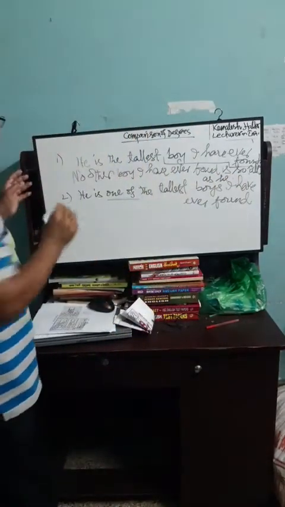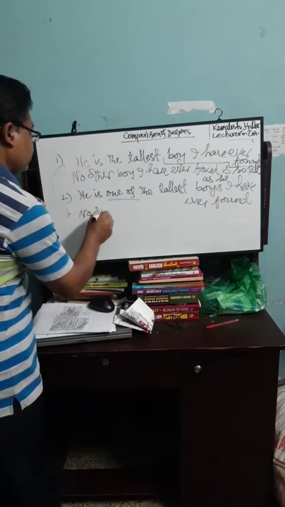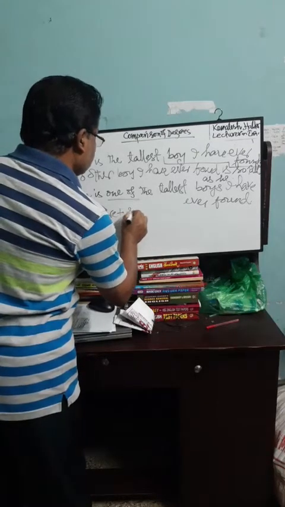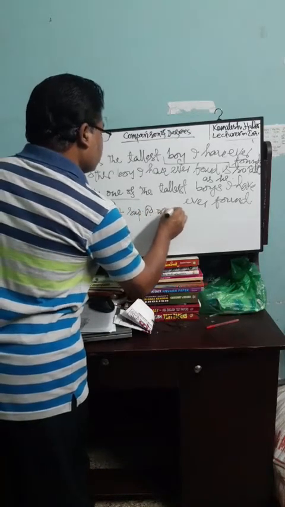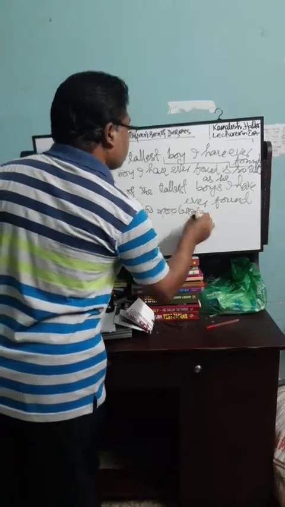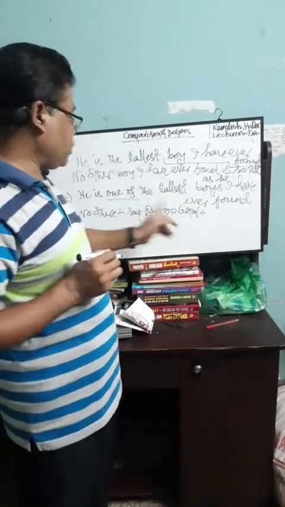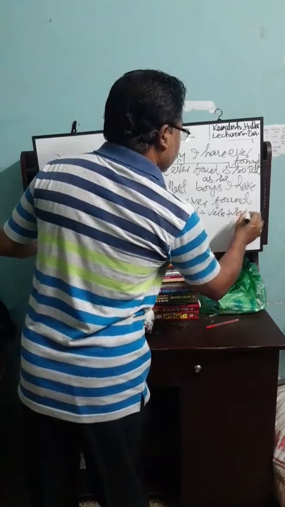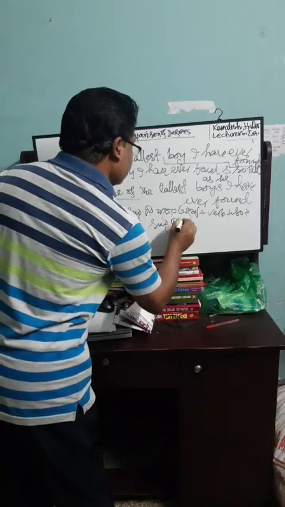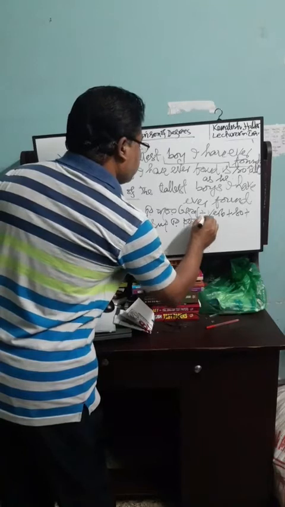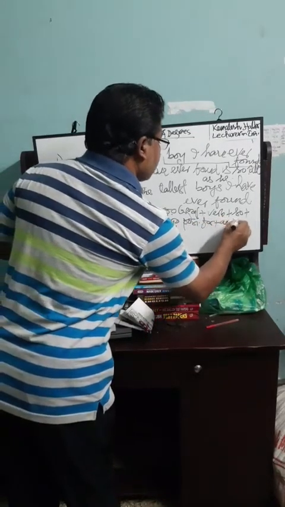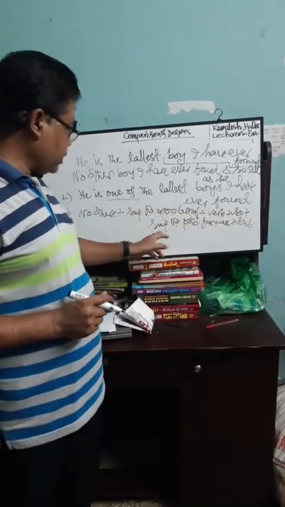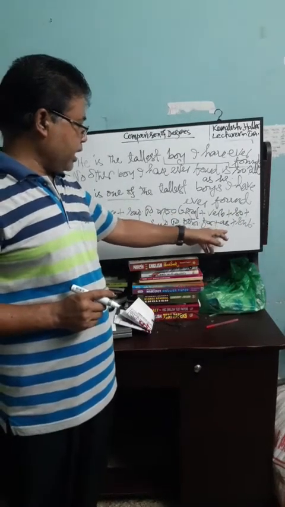So, the structure is no other plus the part after the superlative degree plus verb plus so plus the positive form of the superlative plus as plus subject. Okay? No other plus the part after the superlative plus verb plus so plus the positive form of the superlative plus as plus subject.